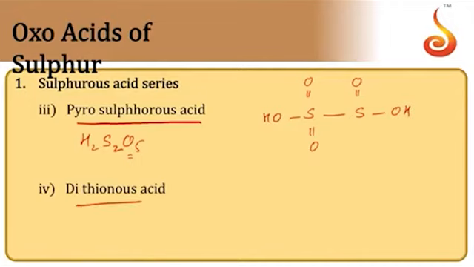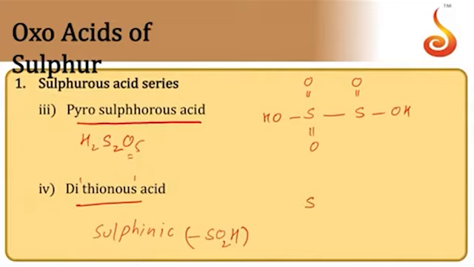Then comes dithionous acid. Dithionous acids have a group called the sulfinic group. Sulfinic group is the SO2H group. Sulfonic is SO3H, sulfinic is SO2H. If 2 sulfinic groups are bonded to each other, that is said to be dithionous acid.